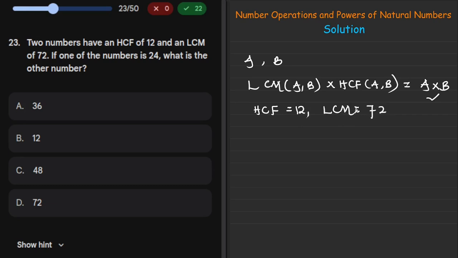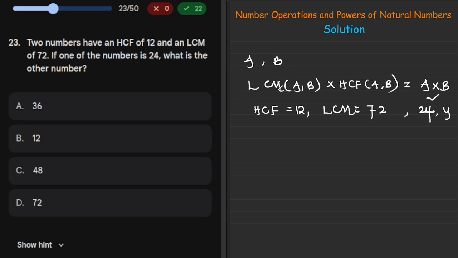Now, one of the numbers is 24. So let's say our numbers are 24, and let's let the other one be a variable, say y.